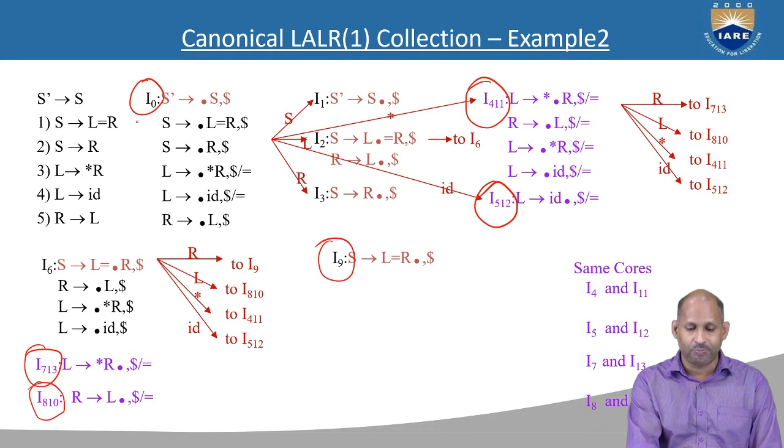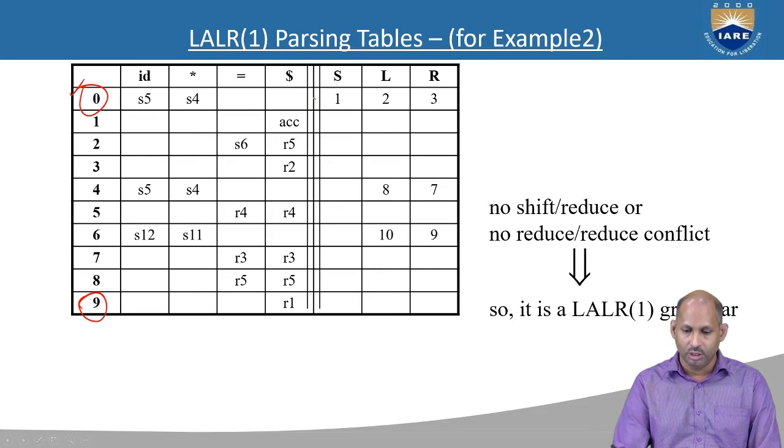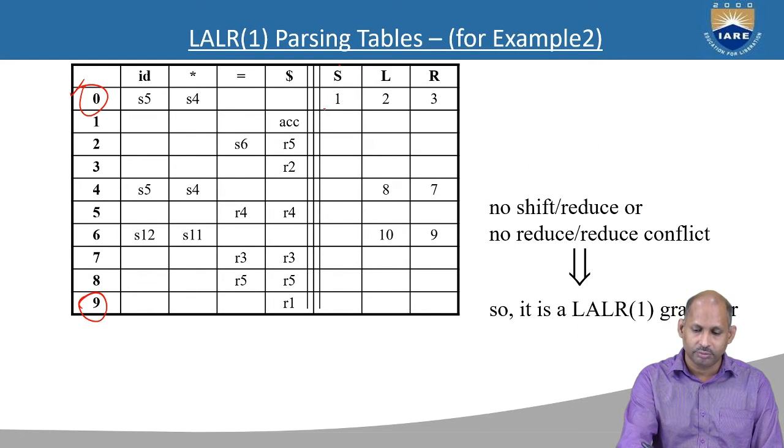Now, tell me, I0 on S goes to I1. On S it is going to 1.